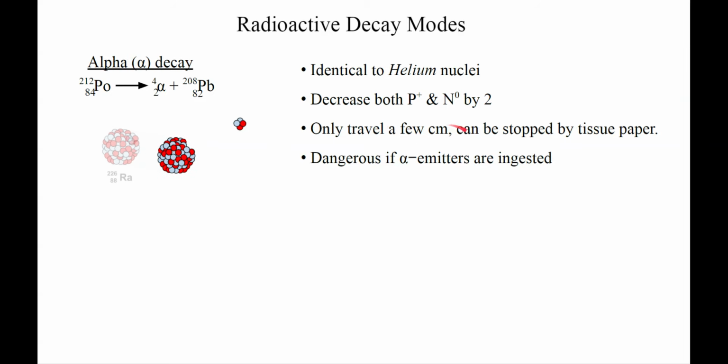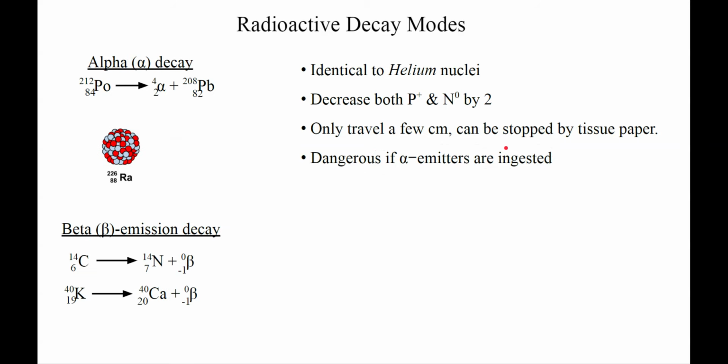Again, they generally only travel a few centimeters because as soon as they come into contact with the air, they're taking electrons from nitrogen and oxygen. The biggest hazard is when you happen to ingest them. And we'll talk about why you might be ingesting them; the short answer is nuclear fallout.